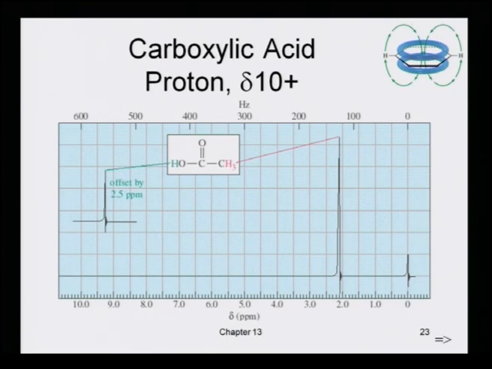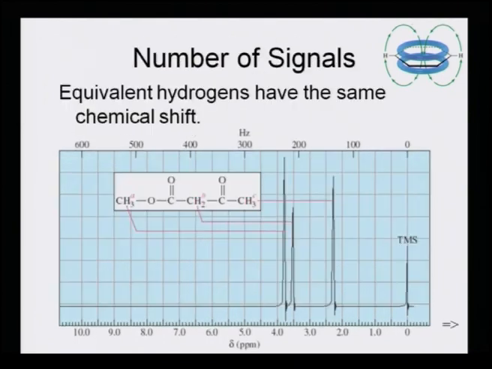The methyl group is so much deshielded by the effect of the carbonyl next to it that instead of coming at 0.9, it is now appearing at 2.1, and the carboxylic proton appears between 9 to 10 delta value.